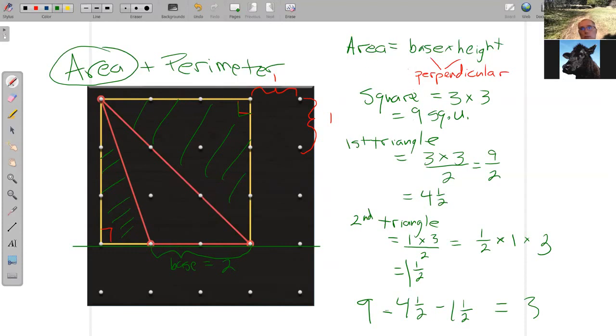That's super important. Otherwise, that's not the way we define area. And so from that vertex above the baseline, if I go straight down and hit the baseline with a right angle, I can see that the height of this triangle, the red one, is also 3.